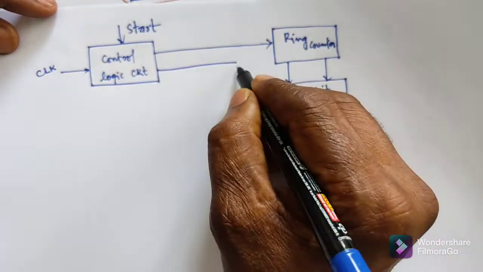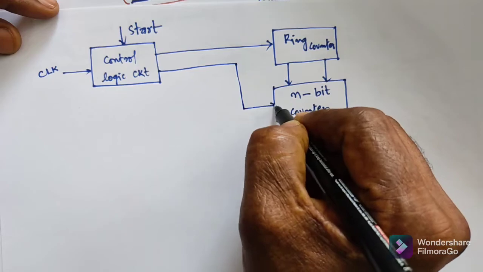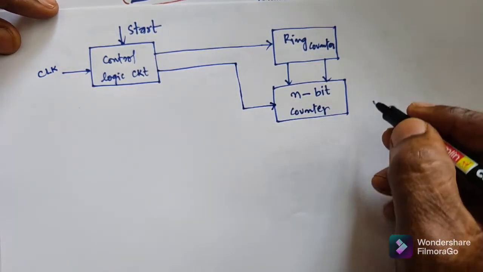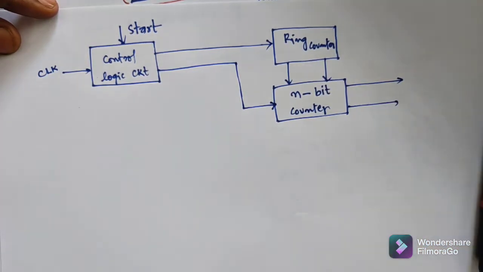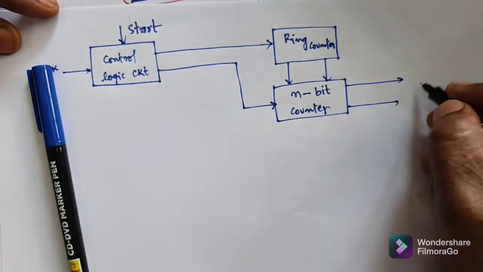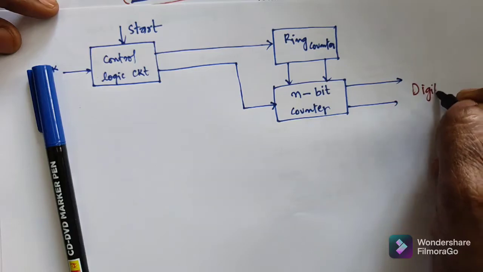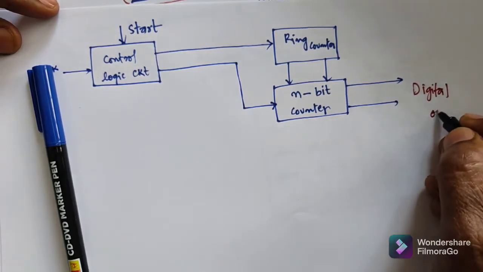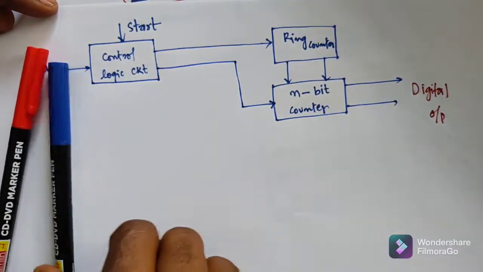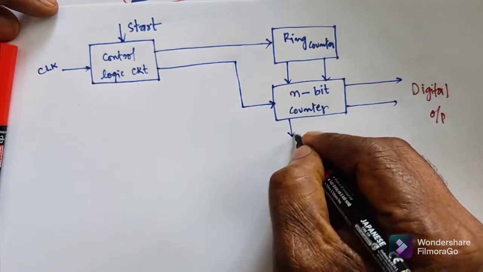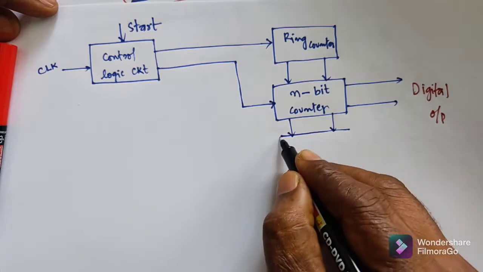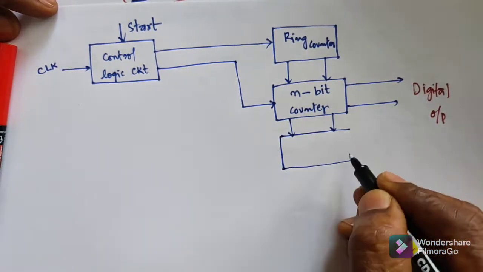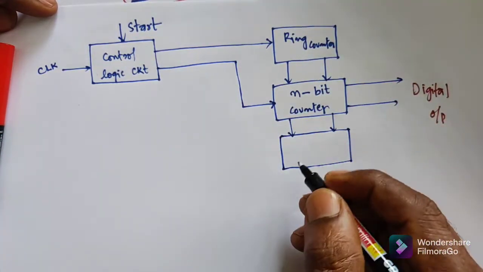That n bit counter is connected onward to the actual digital output, which we have to represent. The same output is once again connected back. This is very similar to the counter type, but we are adding an extra block, the ring counter.